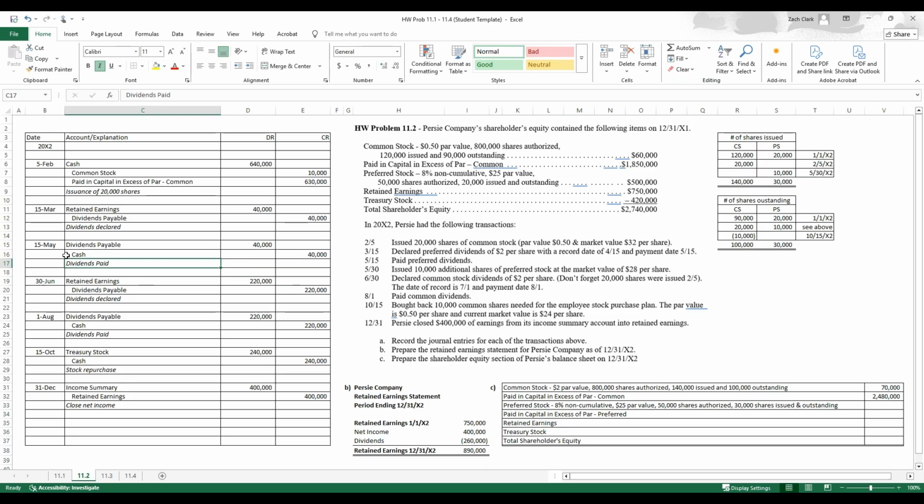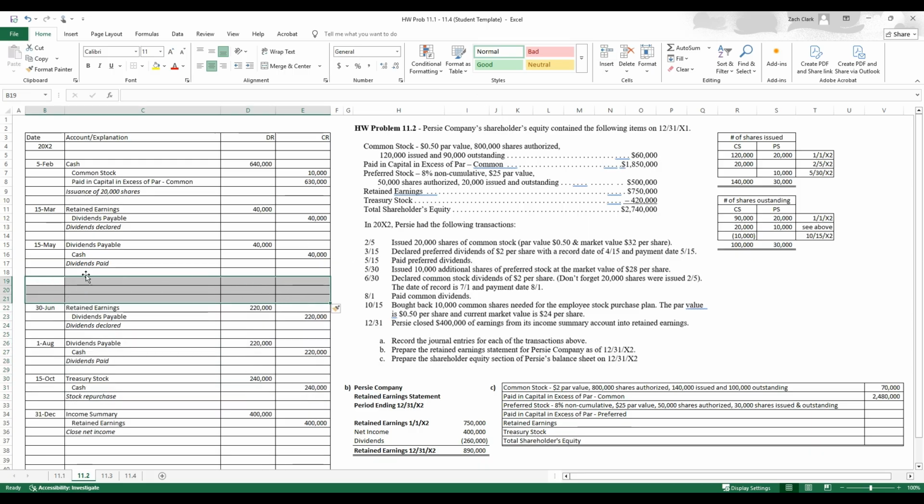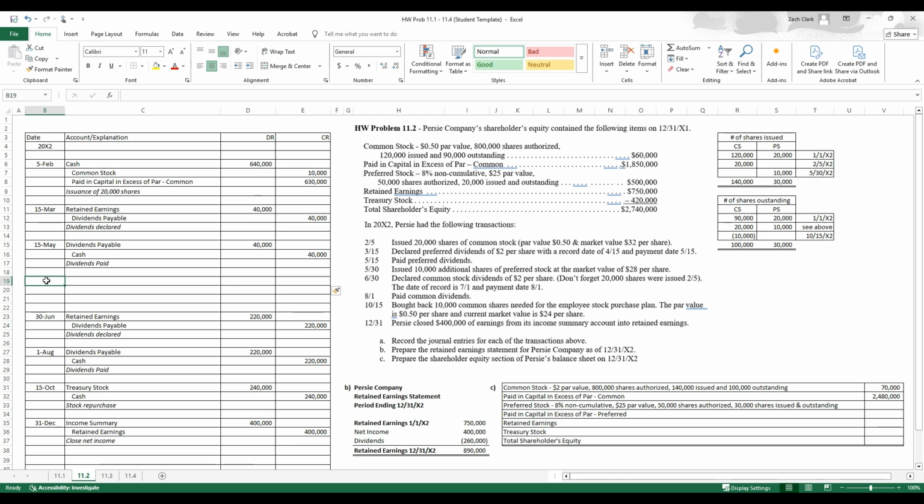Oh shoot, I think I missed that journal entry. Okay, wait. 5/30, May 30th. Oh shoot, yeah, sorry, I missed that entry. So let me add a little more space here. You guys probably saw that while I was doing it and were like, hey, you're missing something, man. My bad. Okay, that was 5/30. And we issued 10,000 additional shares of preferred stock.